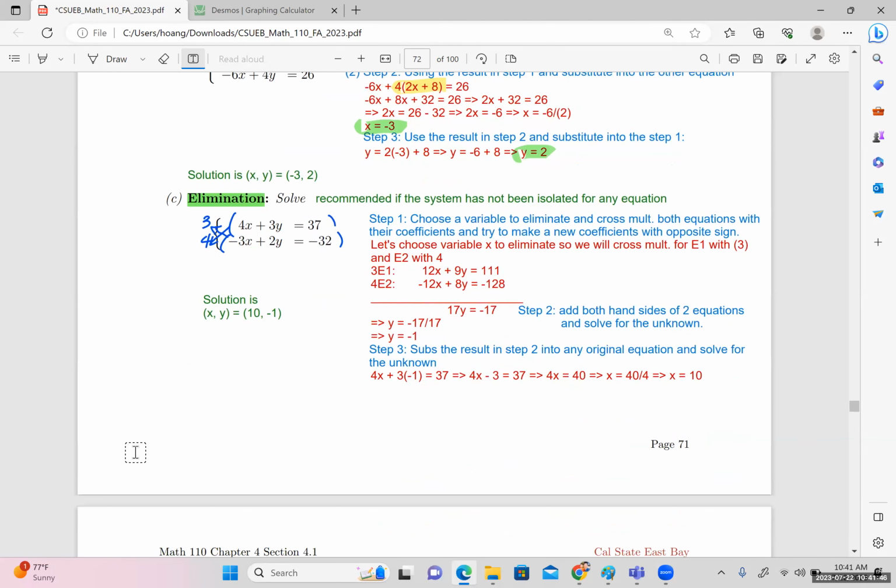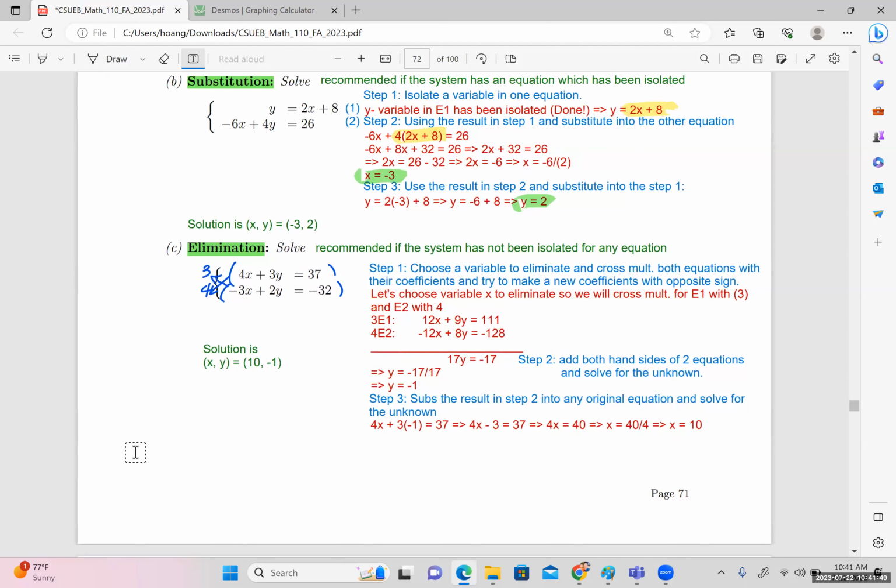So for this elimination, you don't have to always think about eliminating x first. You can also eliminate y first. That's fine, right? You can just cross multiply the coefficients of the y term there.